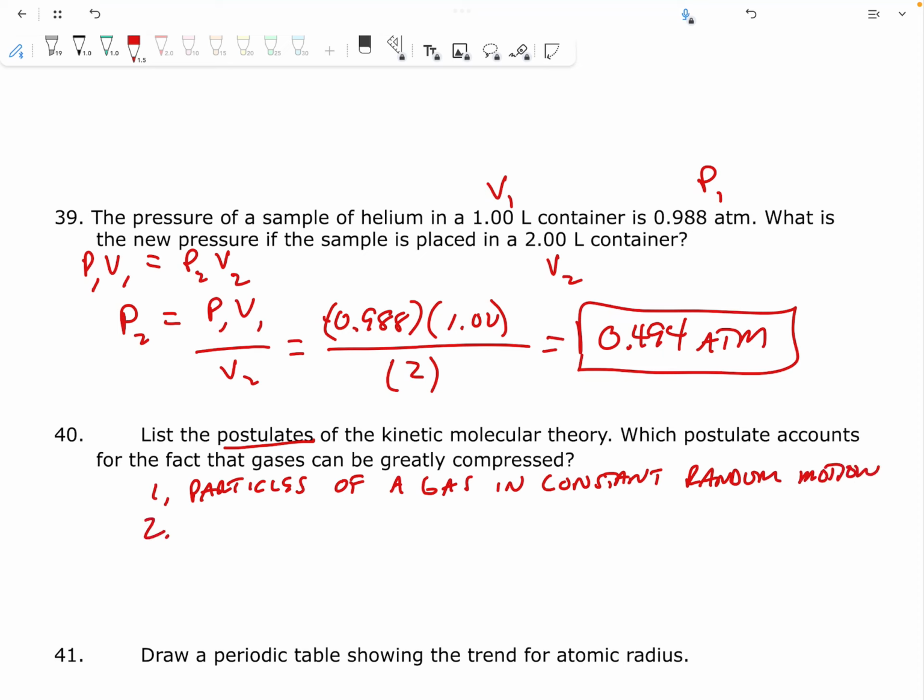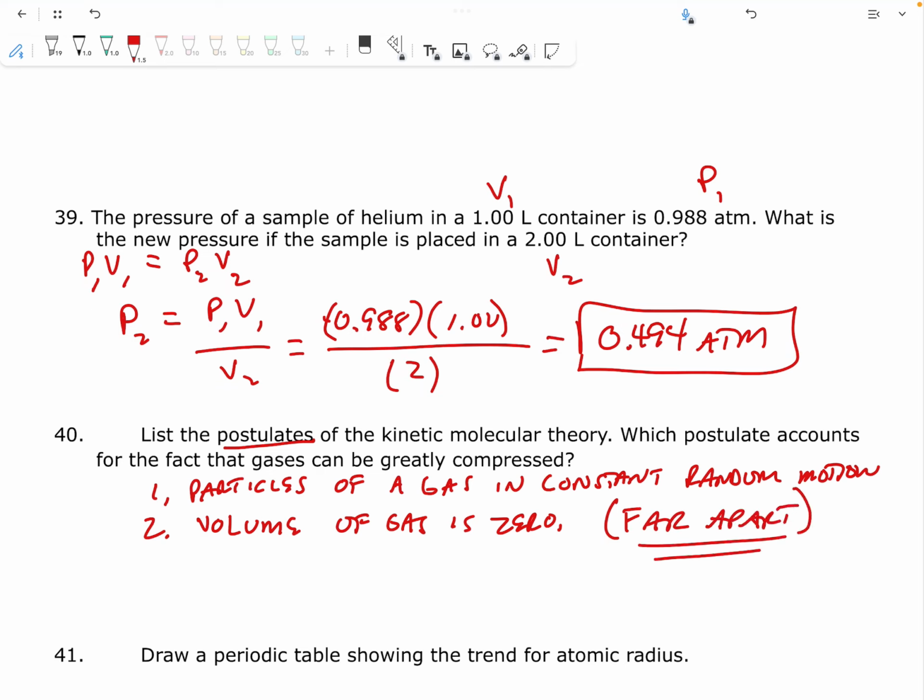That's one. Second, the volume of the gas particles is pretty much zero. That means the molecules are far apart from each other. The third one is that particles exert no force on each other.